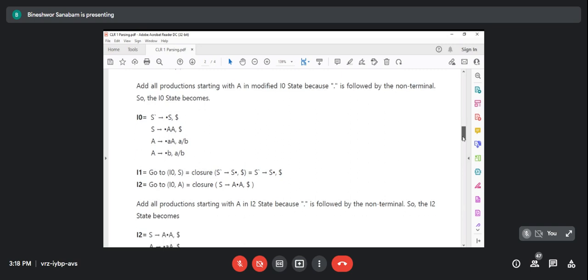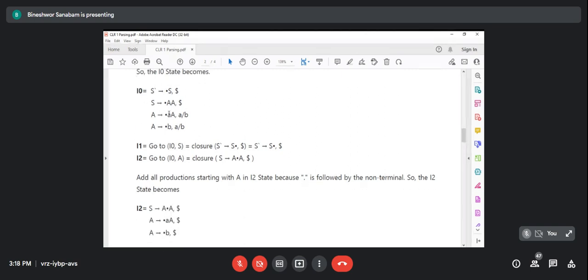Then when we consider I0 with goto A, we consider the second production, and we got S implies A dot A, then dollar. Dollar is our look ahead.